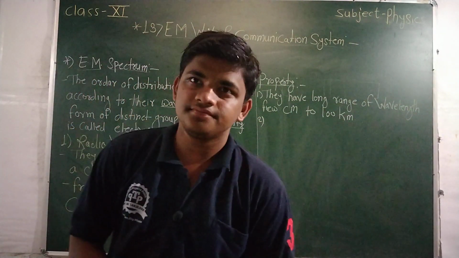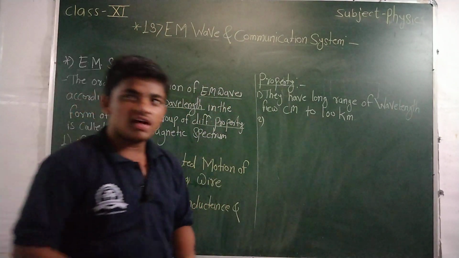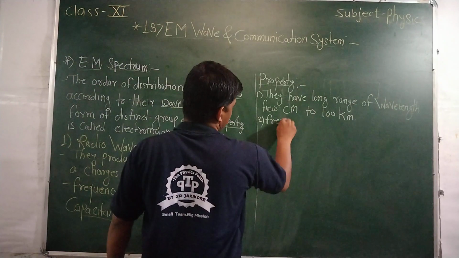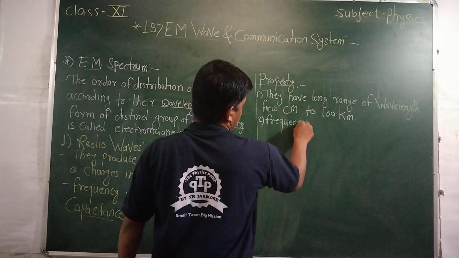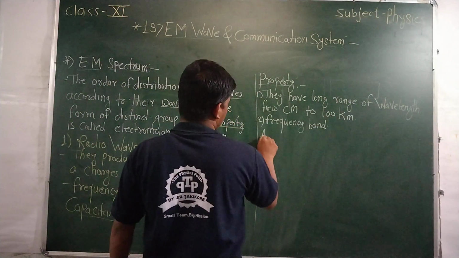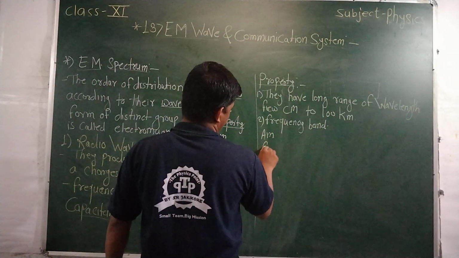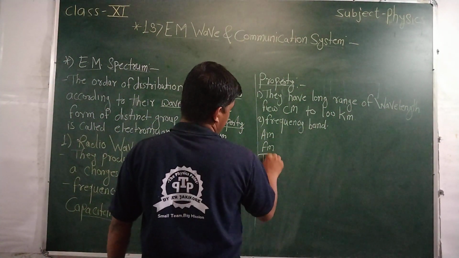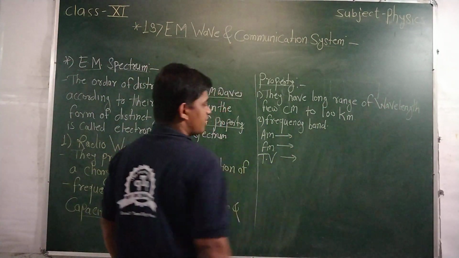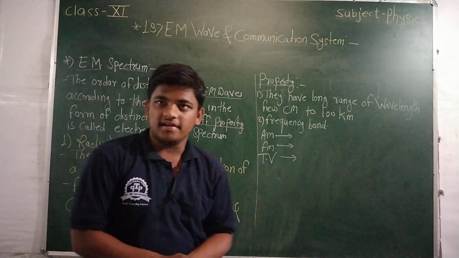The next property is the frequency bands for AM, FM and TV signals. Let's discuss the range of these three frequency bands.